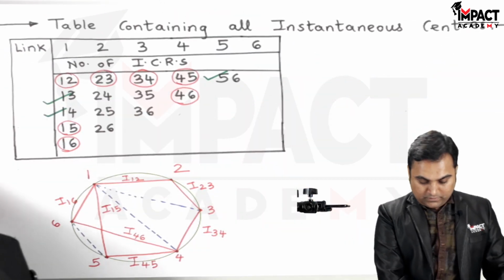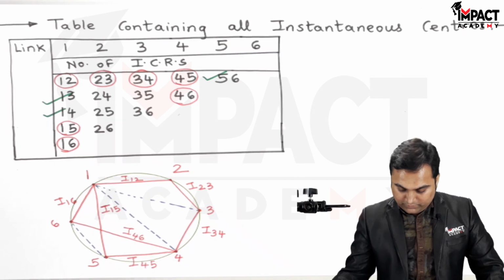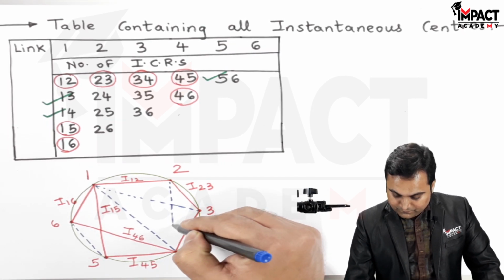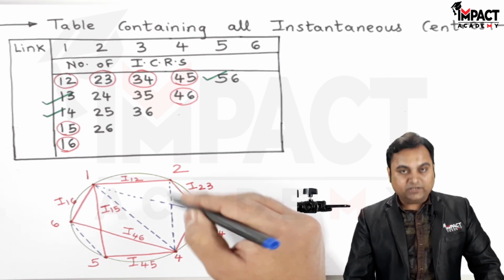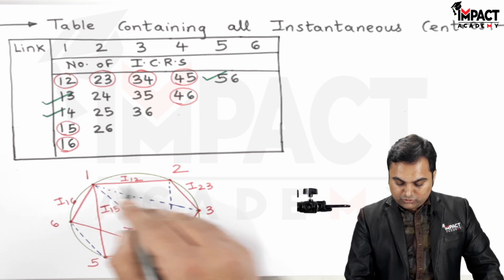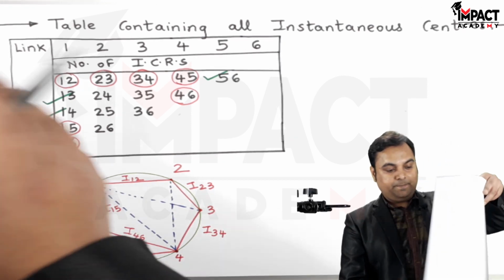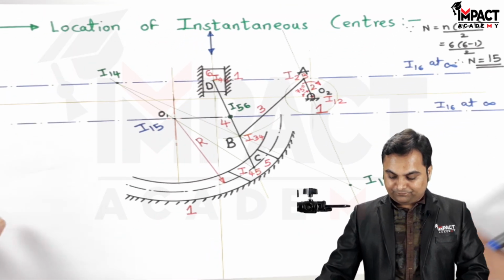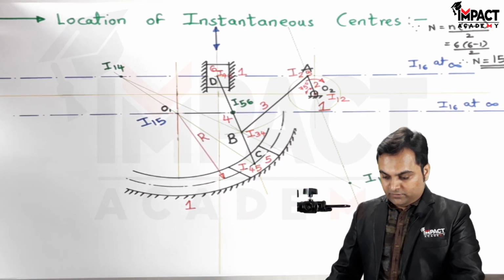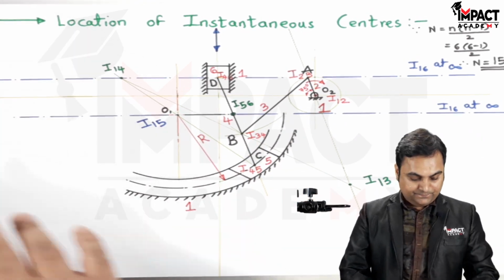Then for 2 and 4, connecting points 2 and 4 over here. So there are two sets of triangles, that is 2 3 4 and 1 2 4. So 1 2 and 1 4, connecting them. Here we have 1 2, this is 1 4, joining with the help of a light line.